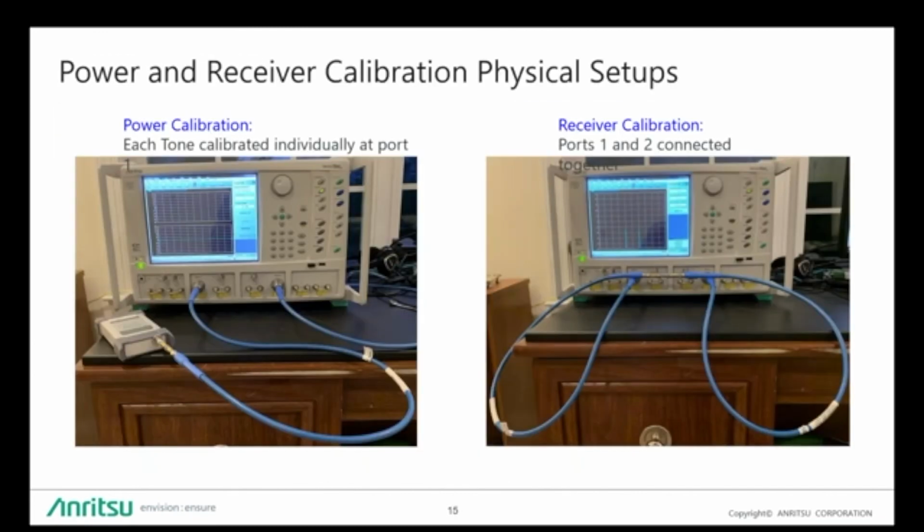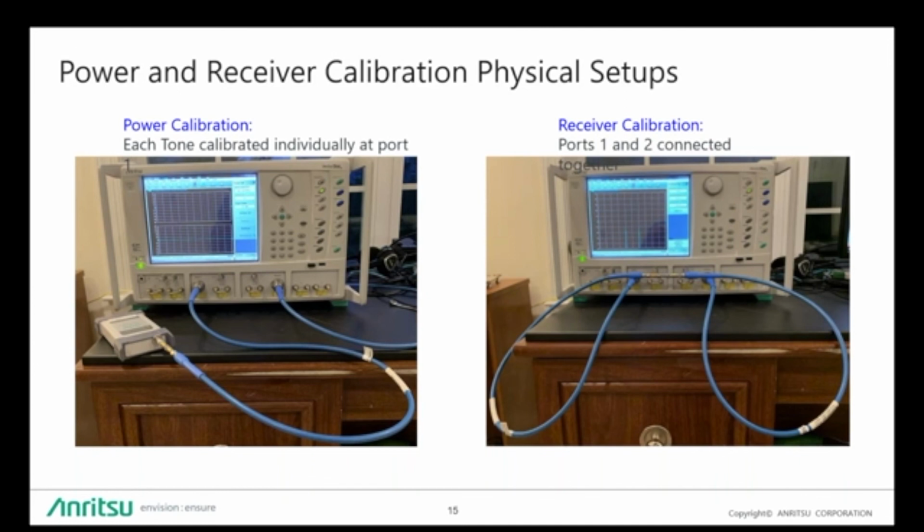And as I mentioned earlier, these are the two setups that you use for both power and receiver cal. So on the left, you can see the power meter, which is connected to port 1 of the VNA. And you can calibrate one tone at a time using the power meter. The picture on the right is a receiver calibration.